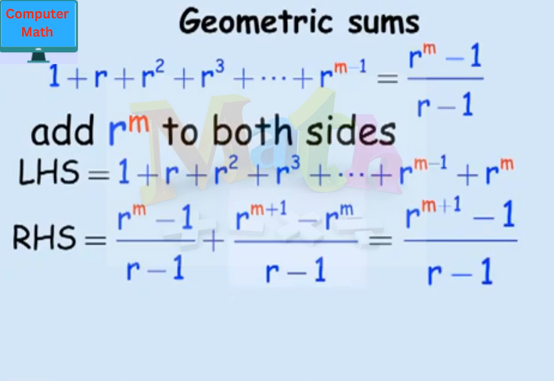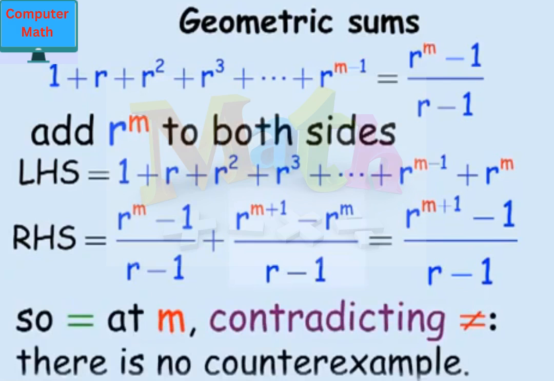I've got the formula r to the m plus 1 minus 1 over r minus 1, which means that the identity that I was originally claiming in fact holds at m, contradicting the assertion that it didn't hold at m. In other words, we've reached a contradiction assuming there was a least place where equality fails. That means there's no counterexample, and the equality holds for all non-negative integers n.